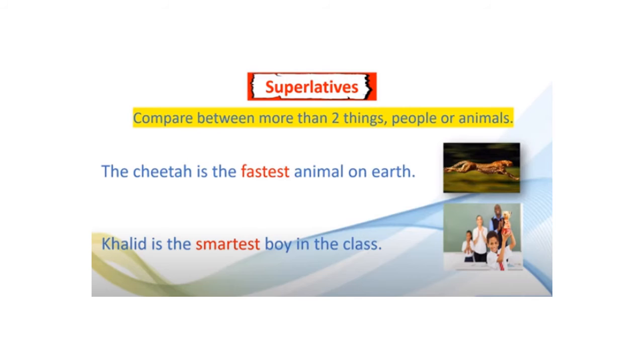That means when we compare using the superlative, we add est to the adjective to form superlatives. Excellent. Fast, fastest, smart, smartest, short, shortest, tall, tallest. Good job.